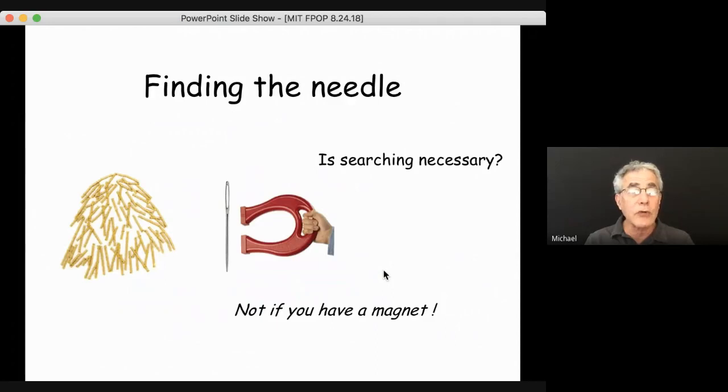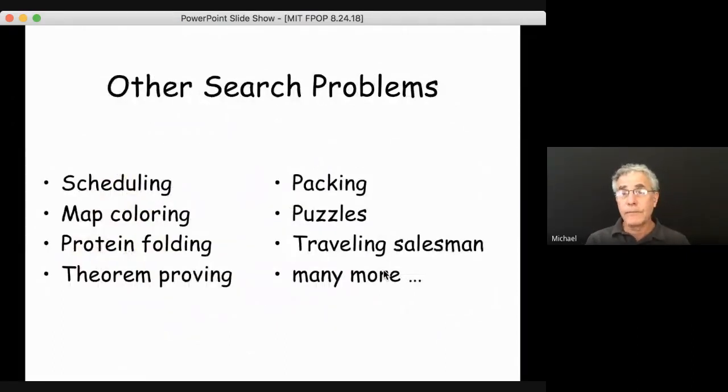And what we'd like to know, say for the clique problem or the factoring problem, is whether there's some kind of mathematical analog to that magnet. Because having the magnet would allow you to avoid the search.